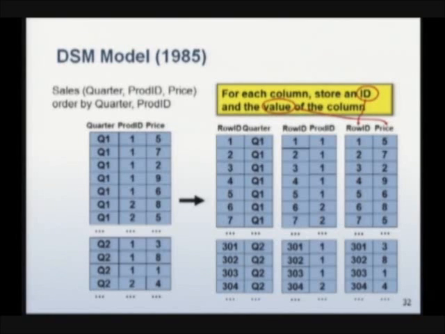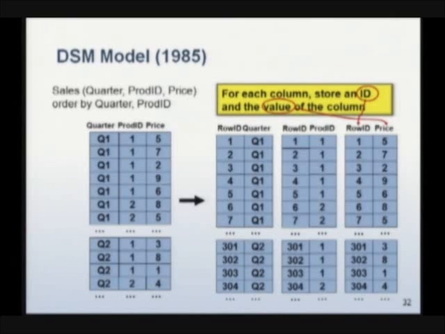So you see that the first row in the table on the left, Q1, 1, 5, becomes 3 different values in 3 different instances of this vertical table, and every one has a row ID 1 glued next to it. And then the same for the next row in the table. So again, the table on the left is what I'm about to load.